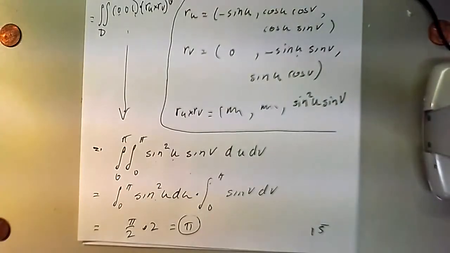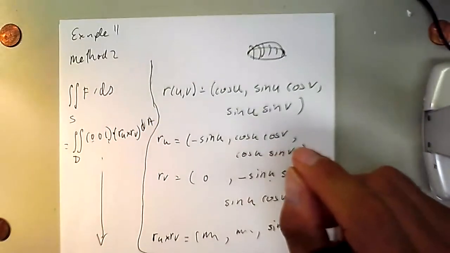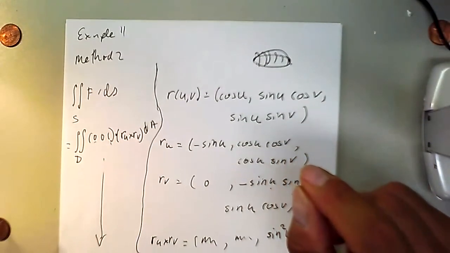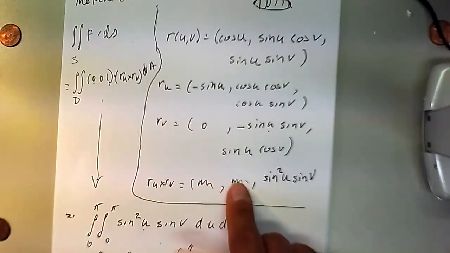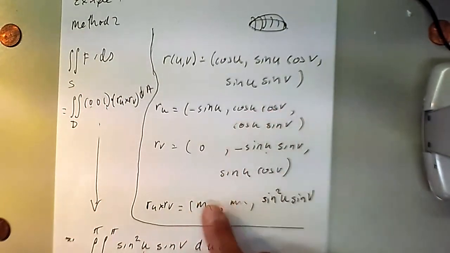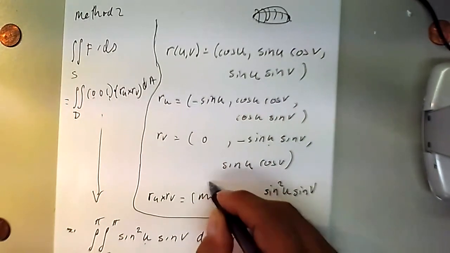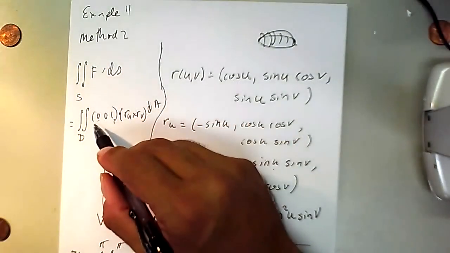So things can get very, very complicated very quickly depending on the parameterization. That is not to say that this parameterization is any better. Remember, we didn't find those two components here, but they would have been quite extensive. We have to do the cross product, and there are a lot of things. So again, we did not use that because of this vector field.